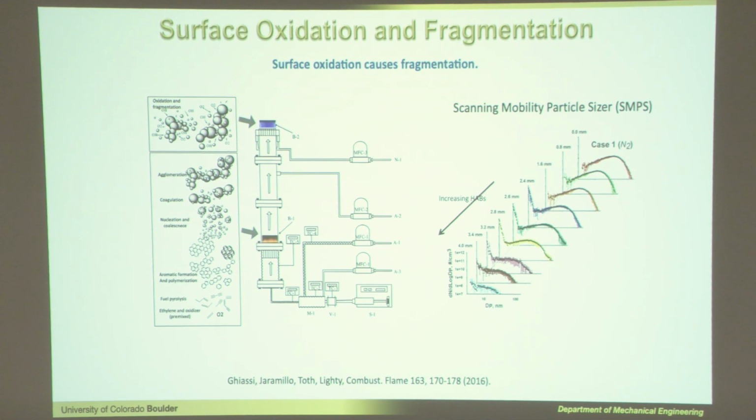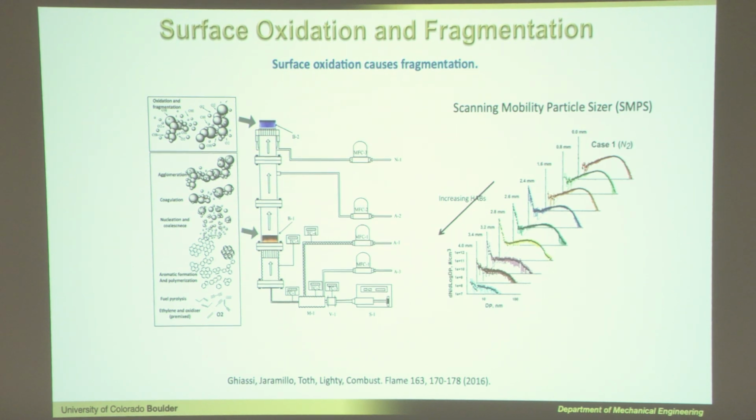So they looked at this with scanning mobility particle sizing, and you see that on the right hand, on the very furthest one where it says case 1, you have a large size distribution. So the x-axis on here is the mobility size. The y-axis gives you the size distribution, so the number of particles in a particular size bin.